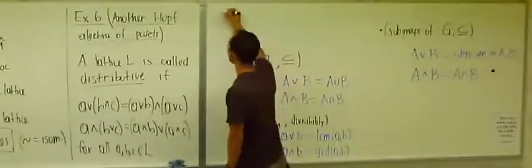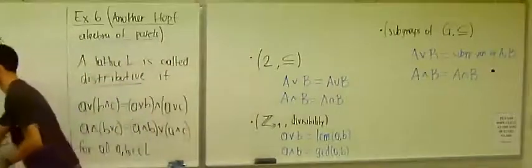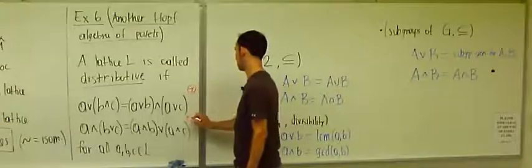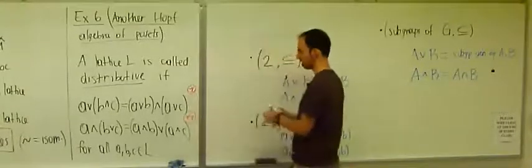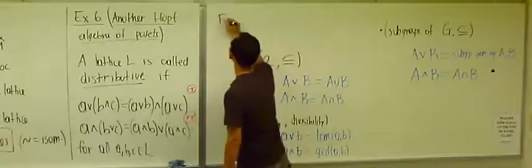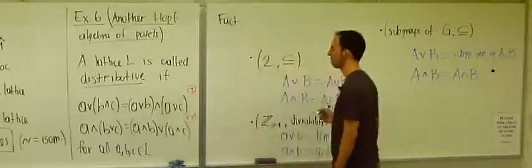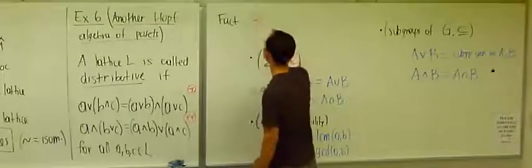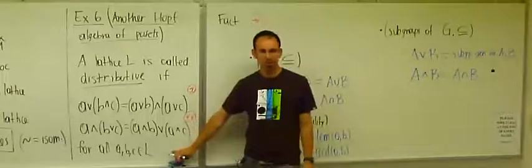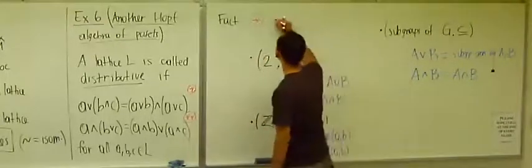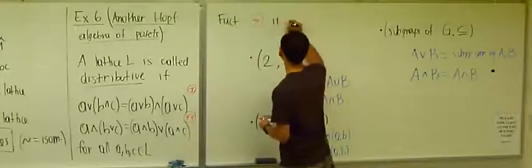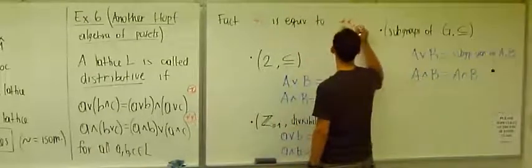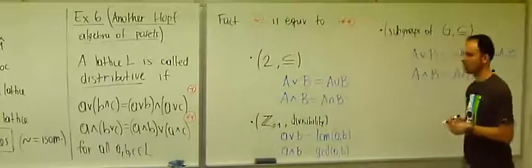So a nice fact about this is that imposing star for all A, B, and C in my lattice is equivalent to imposing the second one for all A, B, and C in my lattice.